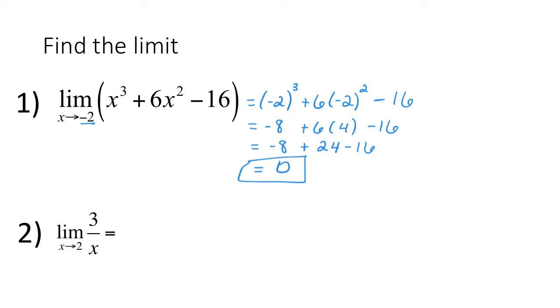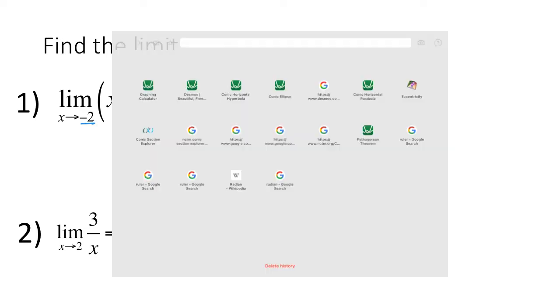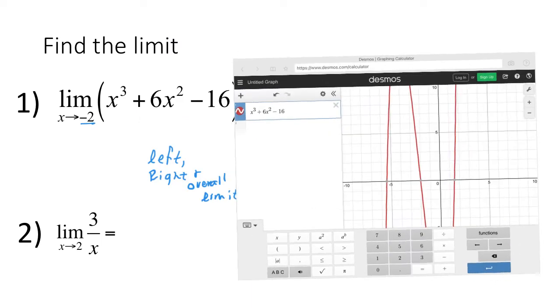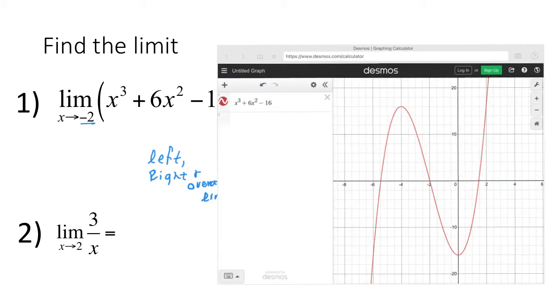Also important to understand, for your limits algebraically, we're normally only ever talking about the double-sided limit. This is both the left and the right side. So this is the left and the right and the overall limit. Just to show you what this looks like on a graph. As I start on the left side of -2 and I approach from the left, I'm approaching the y value 0.